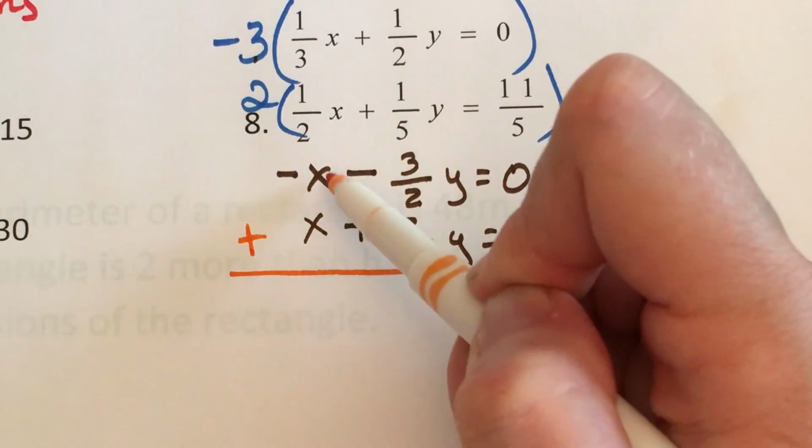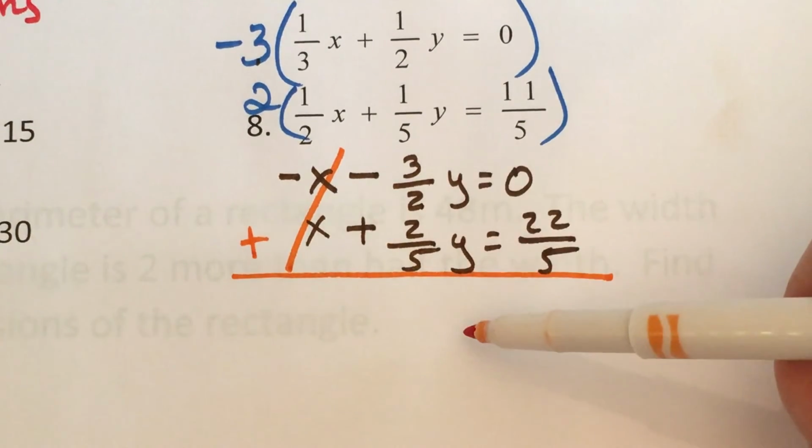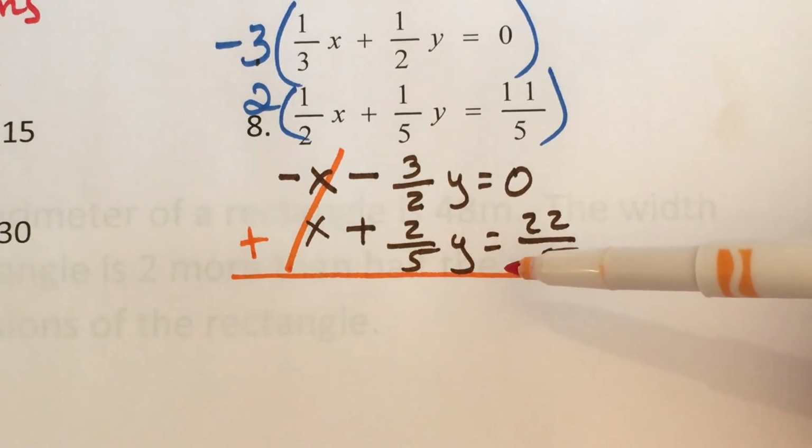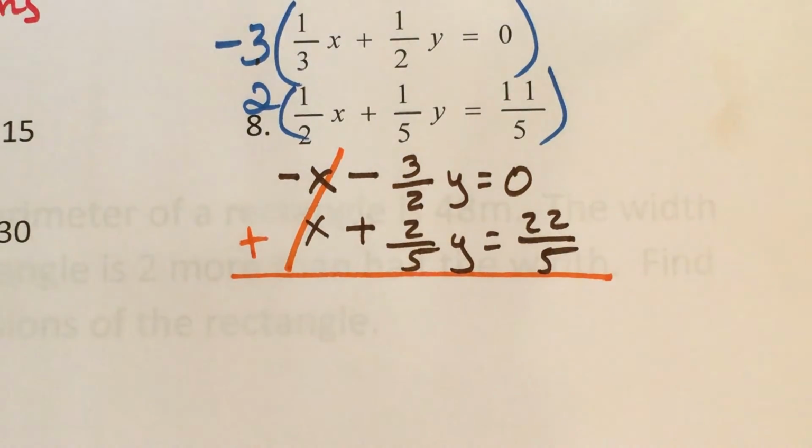We see our x's cancel out. And then you're like, holy smokes, what am I going to do with these y's? Well, truthfully, your calculator can do that for you. Remember how we discussed control divide? Yeah, it still works for you.